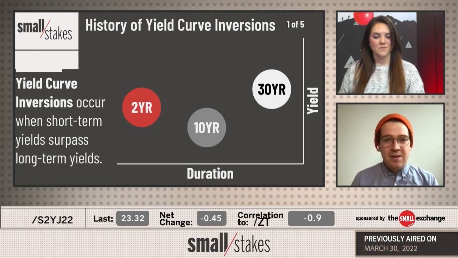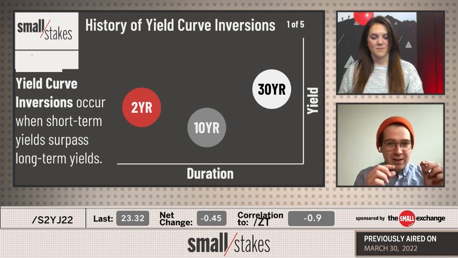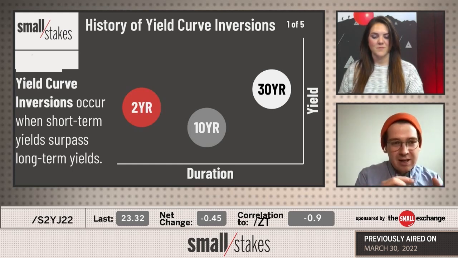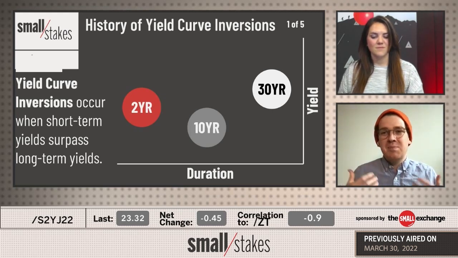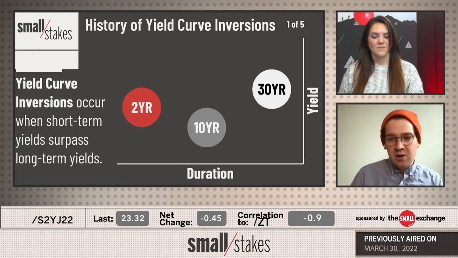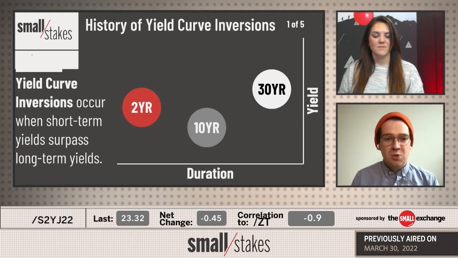At any given moment, you might see a 1 or 2 basis point inversion between the 3-month and the 6-month bill. But what we're really looking at as everyday people and practical traders is something substantial like the 2-year versus the 10-year. If you read a headline like "yield curve inversion spooks markets," it's almost definitely those 2 major benchmarks, right?